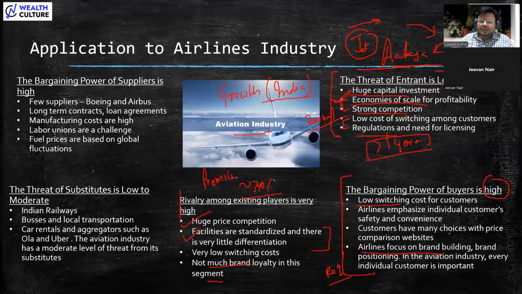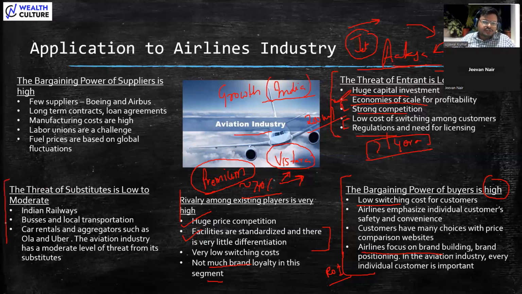It's very difficult to charge a premium in this segment. What I'm starting to see now is Vistara is starting to have some sort of brand loyalty. I'm not sure about it, but it seems like they are able to generate some brand loyalty within the existing space. And if that is the case, then obviously they will get the benefits of that.